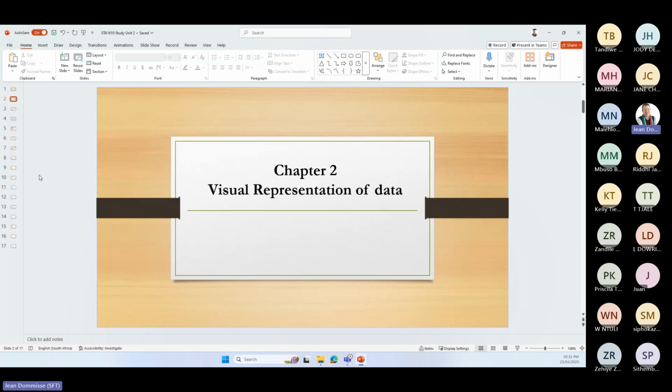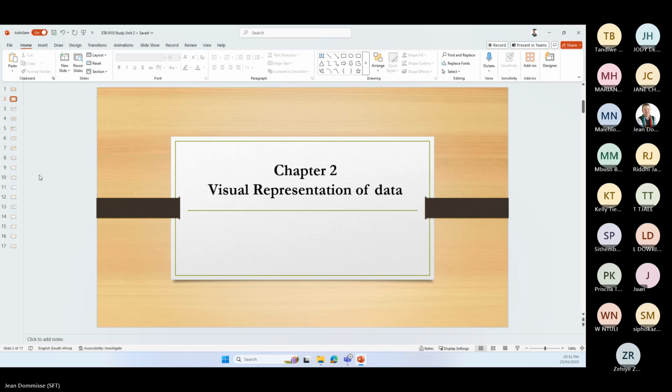Into tonight's session, we're going to look at how we are visually representing the data. So basically, we're going to look at different ways of graphs, of interpretation, of viewing the data.